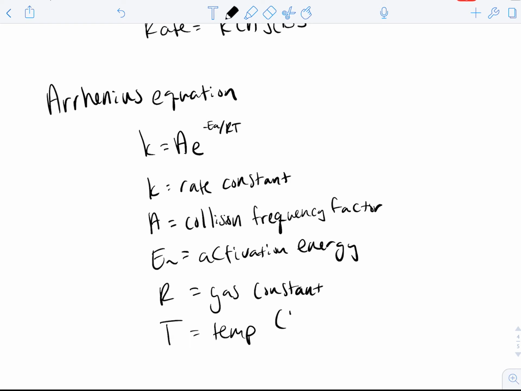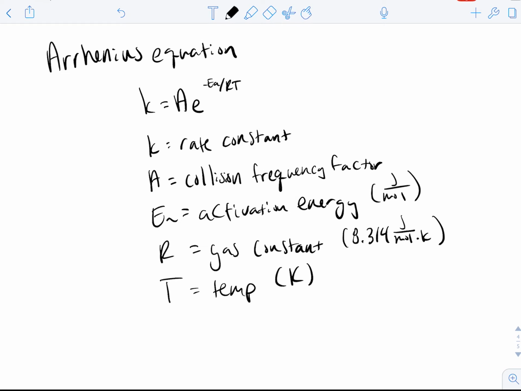This is going to be in Kelvin. Our gas constant is going to be 8.314 joules over a mole times Kelvin. Our activation energy is going to be joules per mole. And then our rate constant unit doesn't matter. Our collision frequency factor doesn't have a unit, so just make sure that your activation energy is in joules per mole and that your gas constant is 8.314 joules per mole Kelvin.